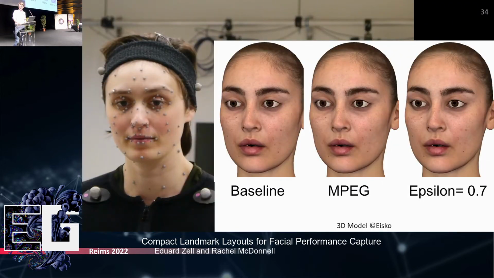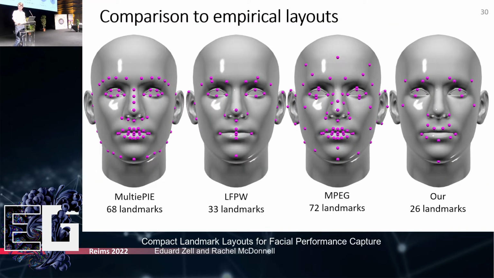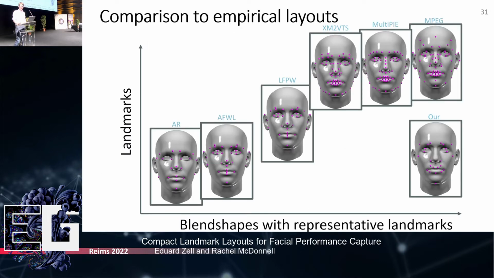Okay, anyway, maybe I showed this one, the graph where all the different layouts are. This is largely inspired by a paper where they tried to unify all the different annotations and map them into the multiply data set.